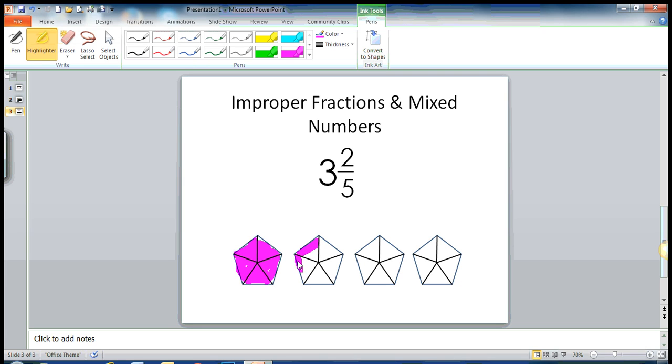2 models shaded. And as we notice, as we're shading, each model has how many pieces? Very good, 5 pieces. And 1 more complete model to shade in.